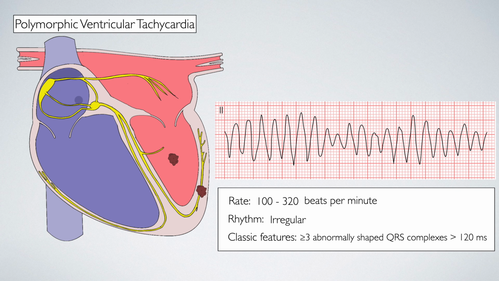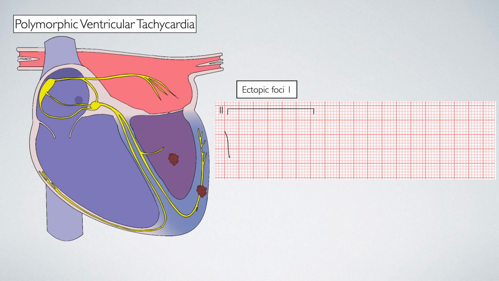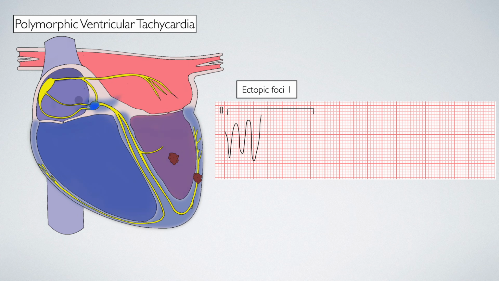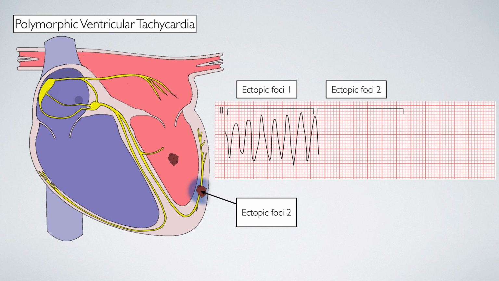In monomorphic ventricular tachycardia, we had a single foci generating a wave of electrical activity that moved through the ventricles. In polymorphic VT, there are multiple ectopic foci. Impulses produced by these different foci generate complexes of varying amplitude and morphology.